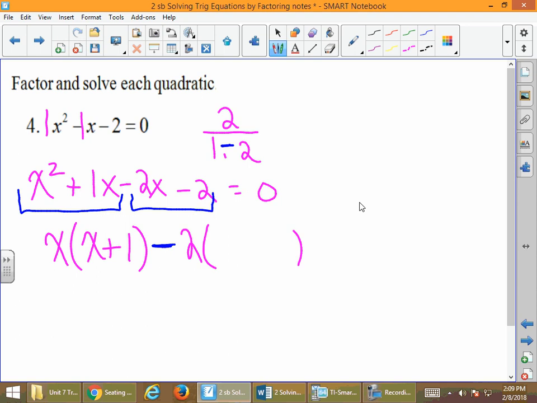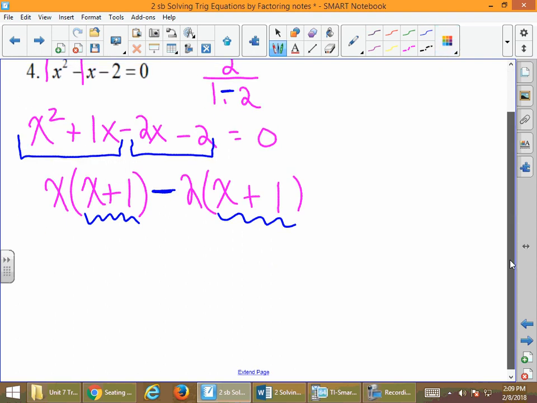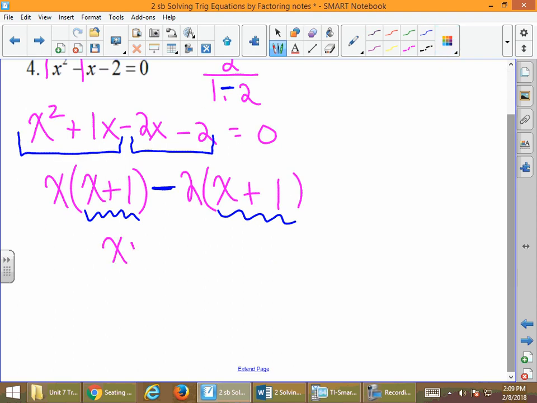And when we factor that out, negative 2x divided by negative 2 is x. Negative 2 divided by negative 2 is positive 1. And hopefully what we see at this point is that x plus 1 and x plus 1, those are the same value from each group. So we end up with x plus 1 times x minus 2 equals 0.